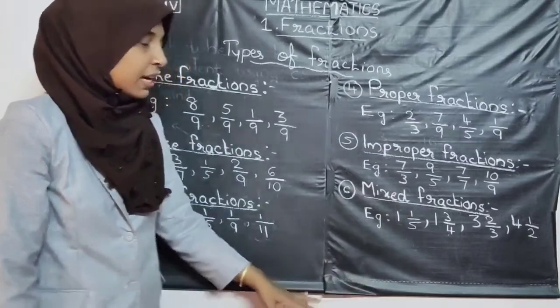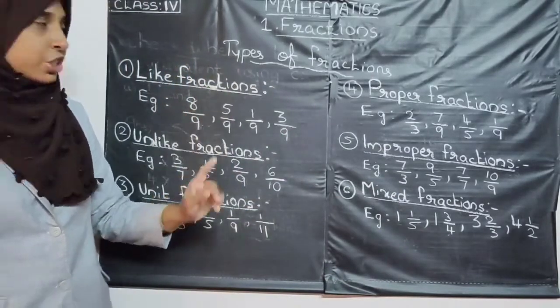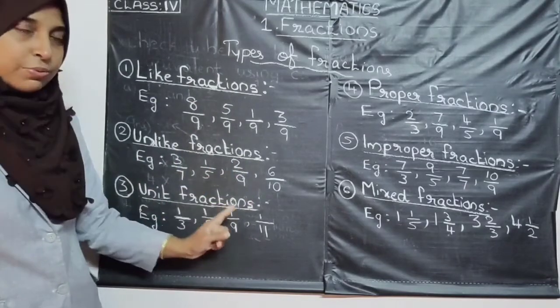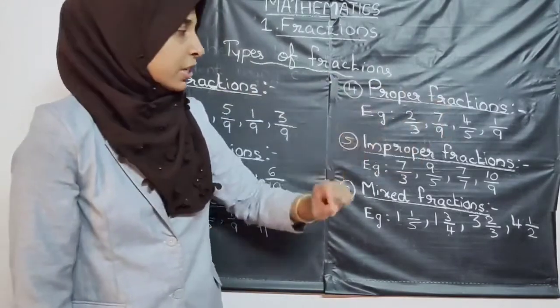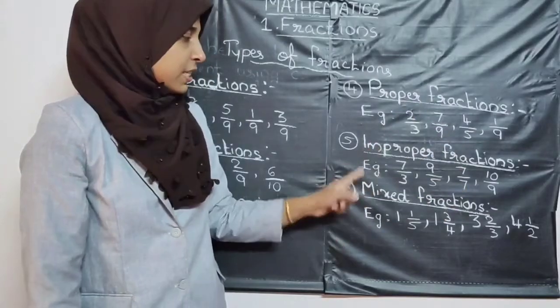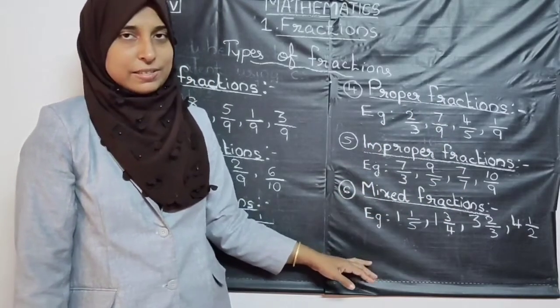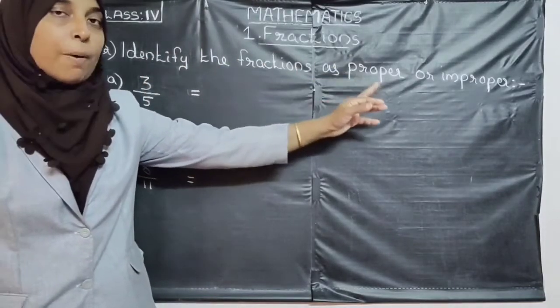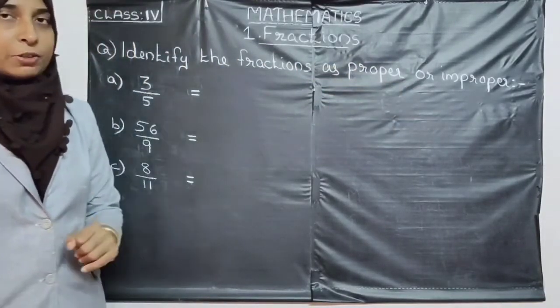So these are the 6 types of fractions: like fractions, unlike fractions, unit fractions, proper fractions, improper fractions, and mixed fractions.